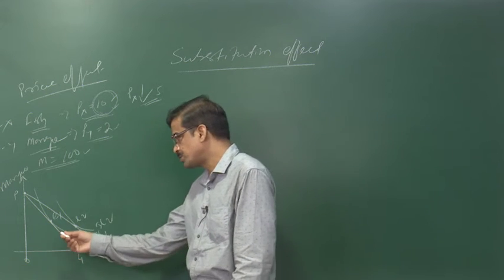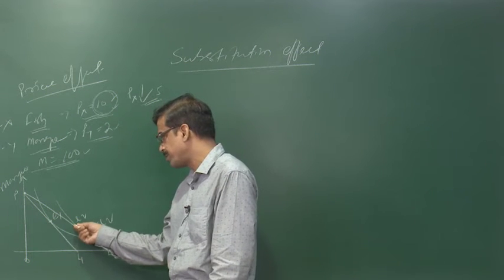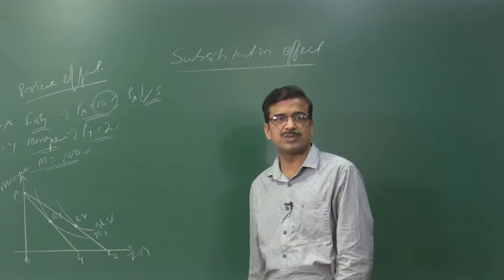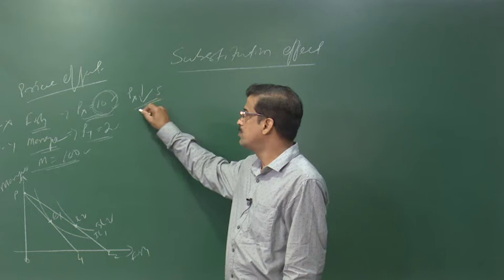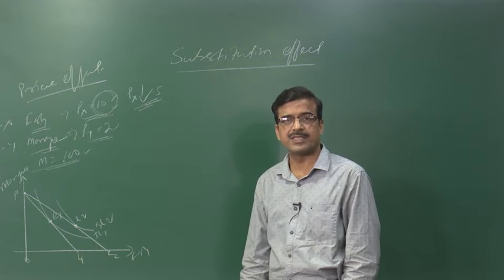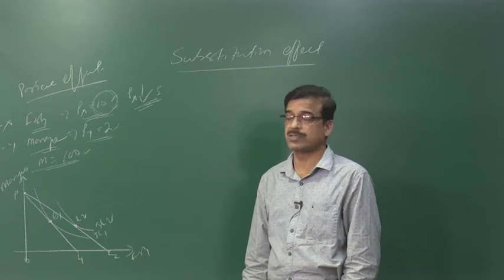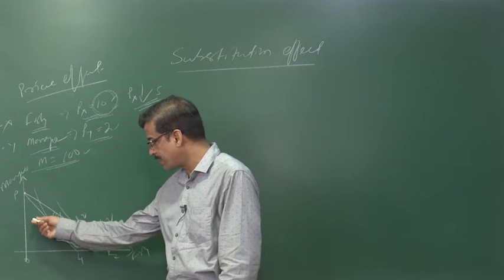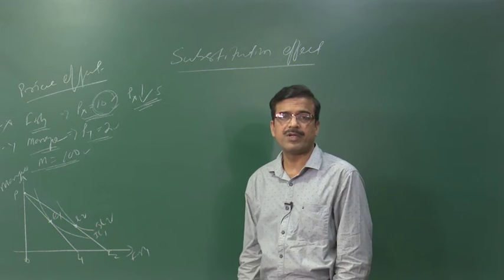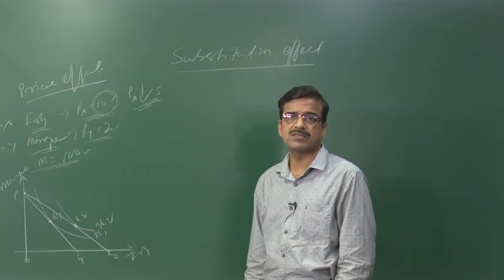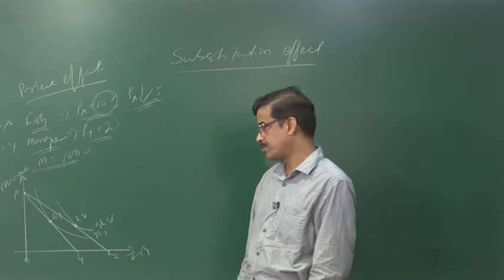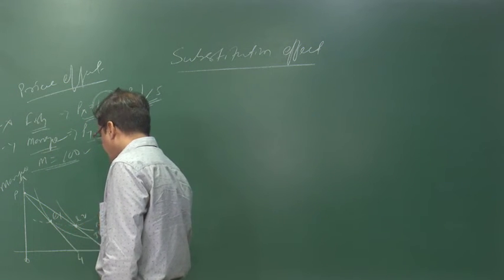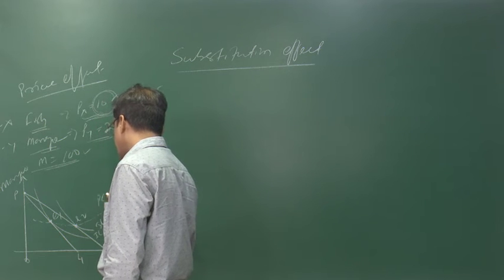The consumer has moved from the old equilibrium to the new equilibrium. This movement of the consumer's equilibrium due to a change in the price of the commodity is called the price effect. And when we join those points of equilibrium, we obtain a curve called the price consumption curve, which we already studied in the previous class.